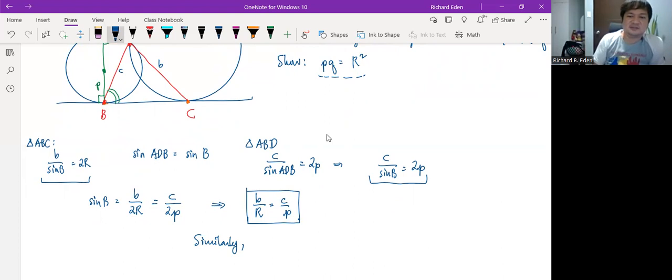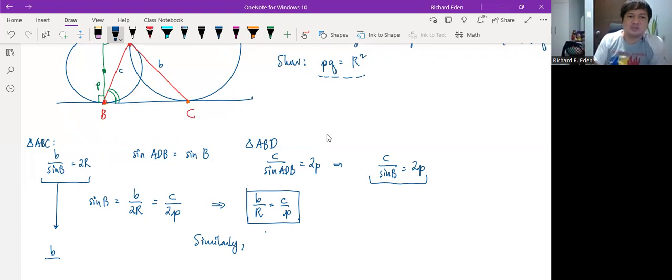Sine B over sine C is equal to 2R. Okay. Are you trying to generalize this?